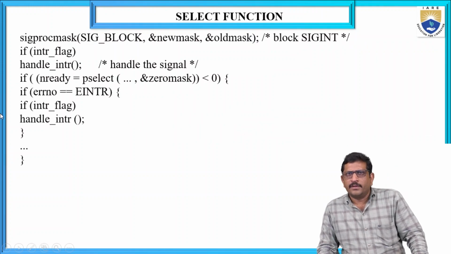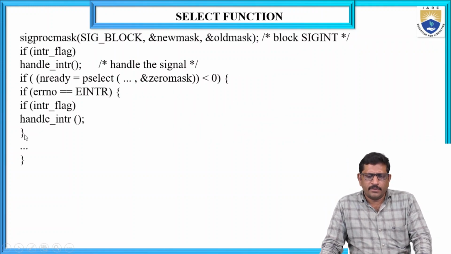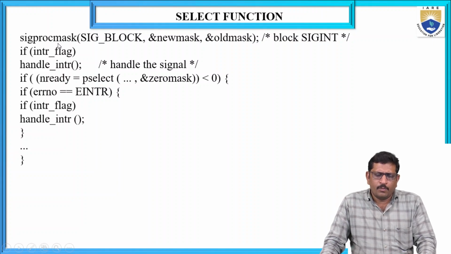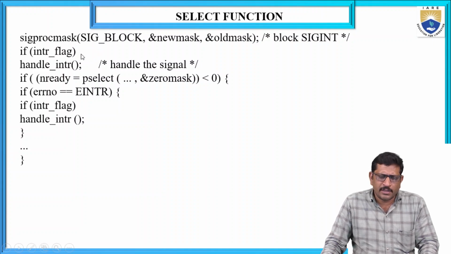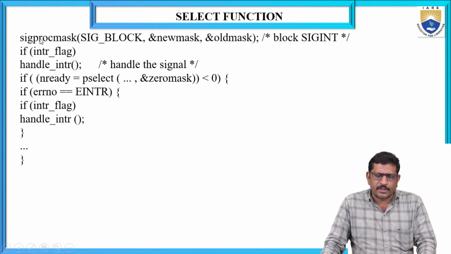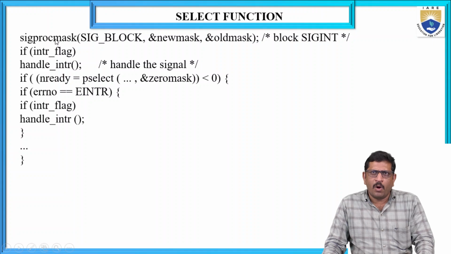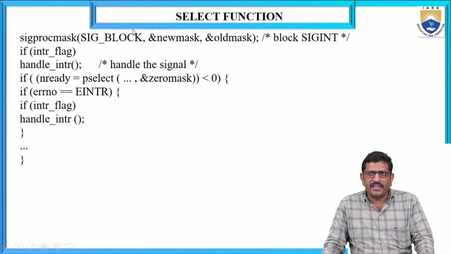Then sigprocmask, the signal procedure for the mask, with SIG_BLOCK. The arguments are newmask and oldmask, and we are using it for signal blocking. If any error arises, the signal should be blocked.